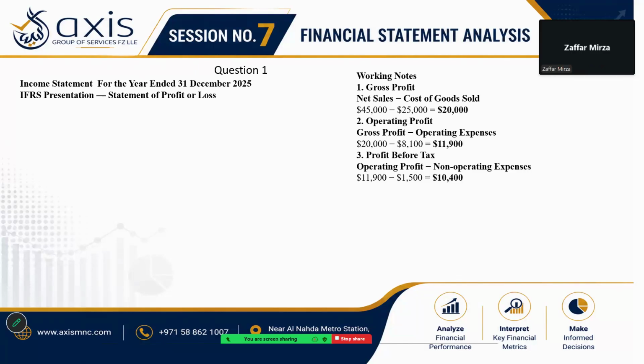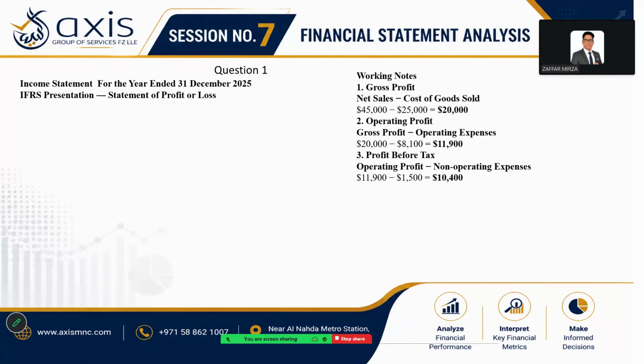Finance cost, then profit before tax. Profit before tax is operating profit minus non-operating expenses. After this, what is the next element? Gross profit, operating profit, profit before tax. Finance cost, what will be there? Interest will be there.